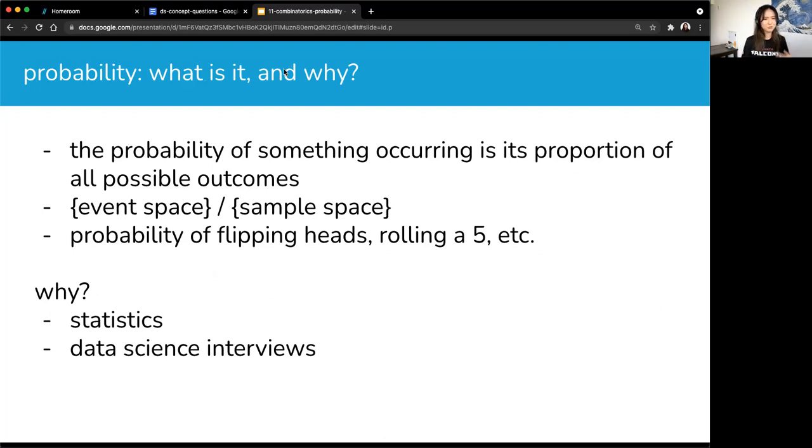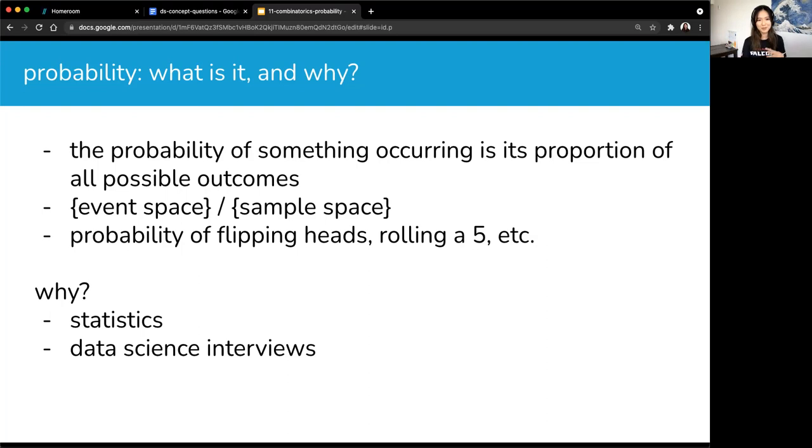Your event space is what you're trying to calculate. So if you want to find the probability of flipping heads, it's 1 possible outcome out of 2 possible outcomes. Rolling a 5 as an example: your event space will be 5, and the sample space will be 1, 2, 3, 4, 5, 6. So 1 outcome out of 6 outcomes. This is a very basic definition of probability.